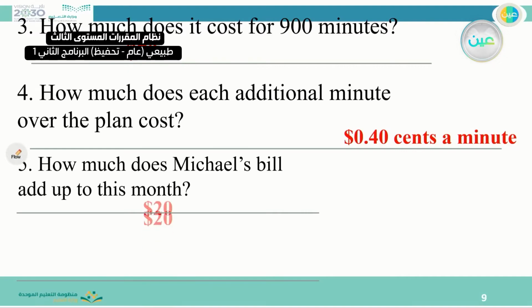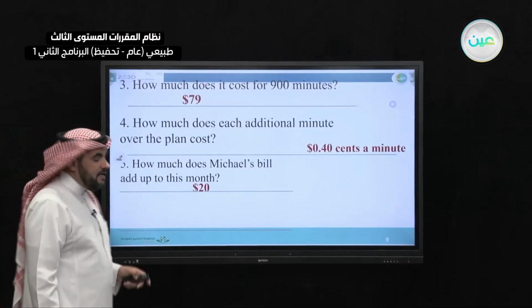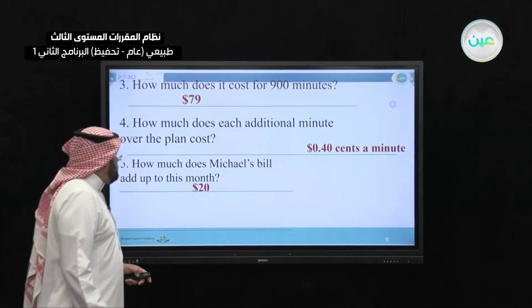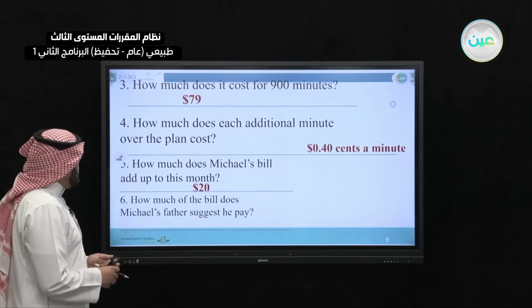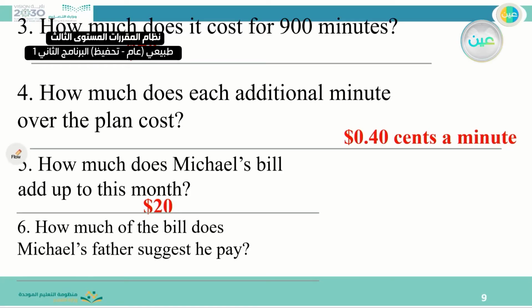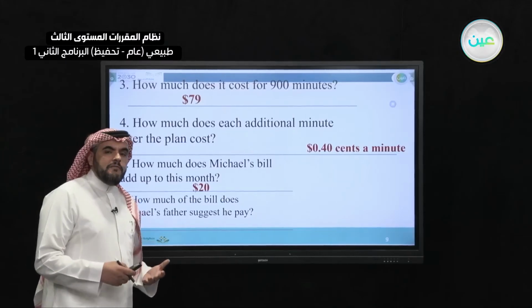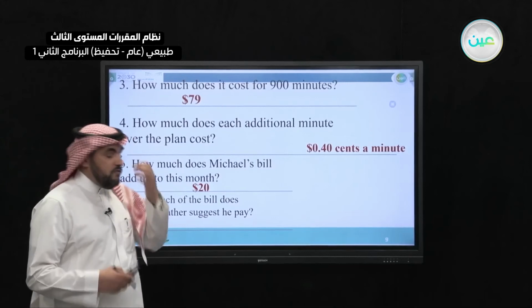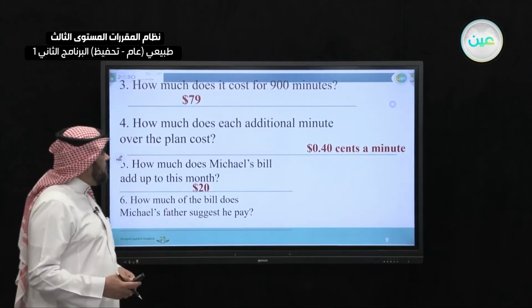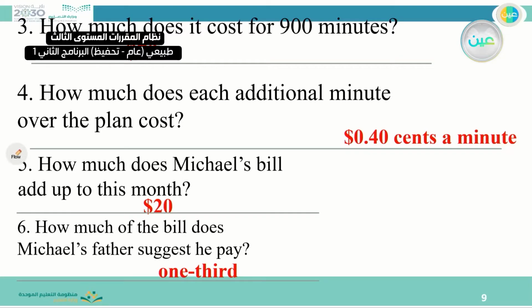He added more than 20, or exactly he added $20. And the last question here: how much of the bill does Michael's father suggest he pay? Because his father wants Michael to take part and to pay for the bill, he suggested that he pays 1/3. 1/3 means a third, because there are 3 members in the family, and he wants him to pay the third.